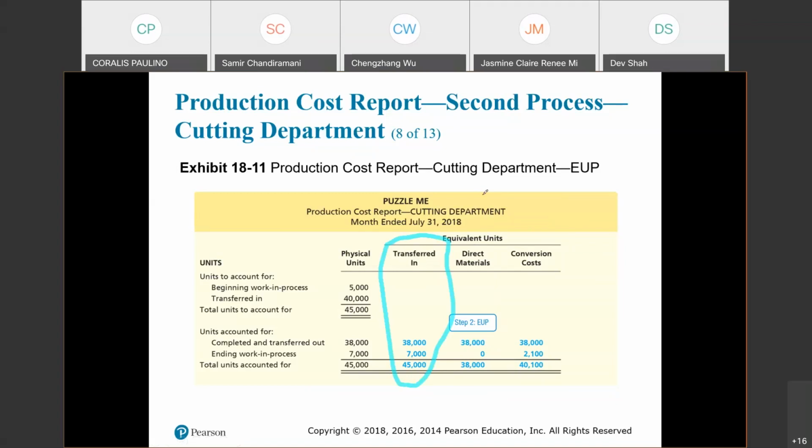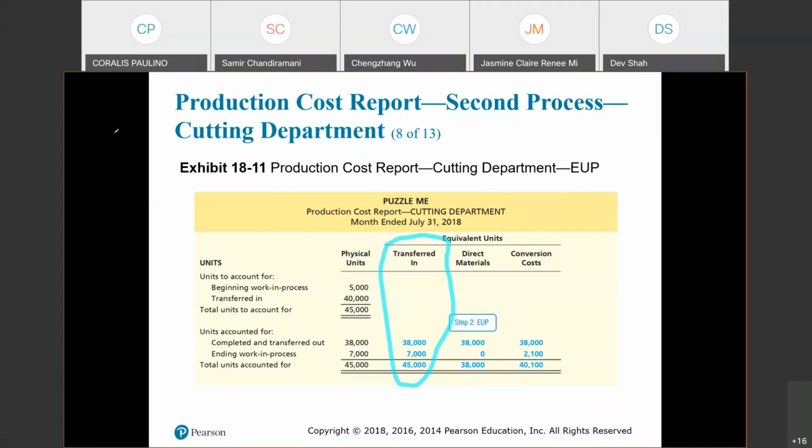You would expect to see the transferred in costs. This part is transferred out of the first department. So for the subsequent department's production cost report, there are 3 parts to account for in terms of equivalent units of production.